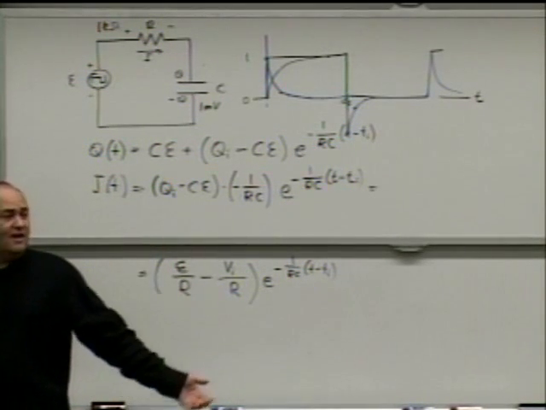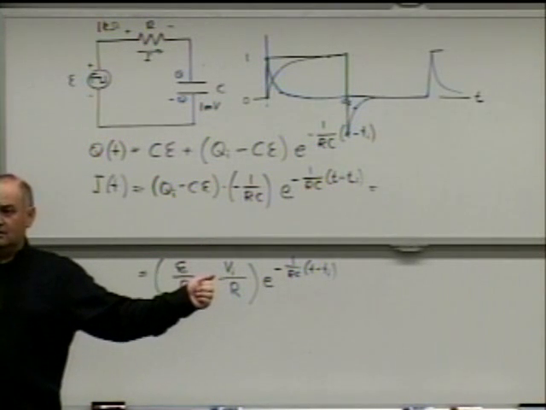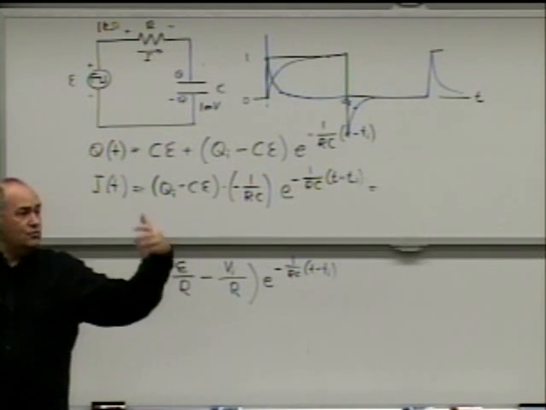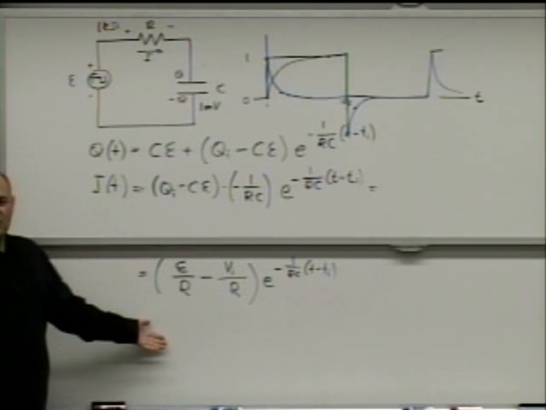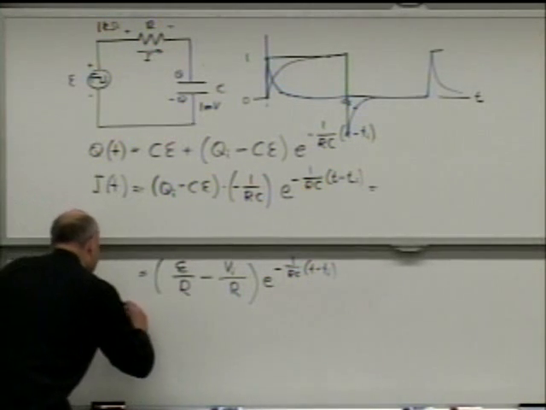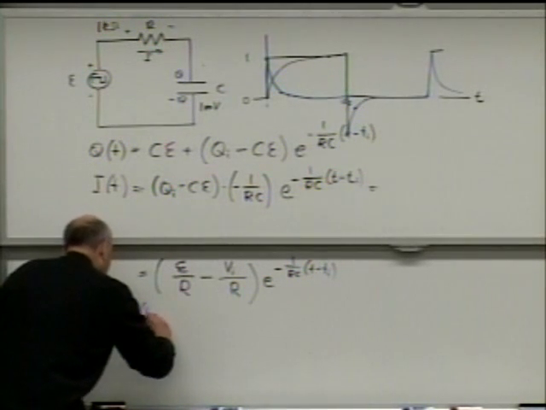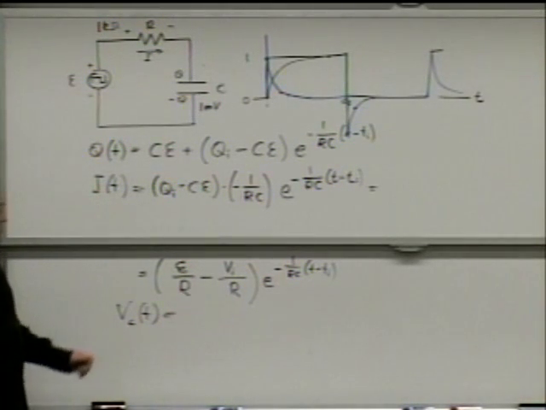So how can I find potential difference across the resistor? Ohm's law. We have to use Ohm's law. Just multiply this current by resistance of the resistor, and I will get potential difference.